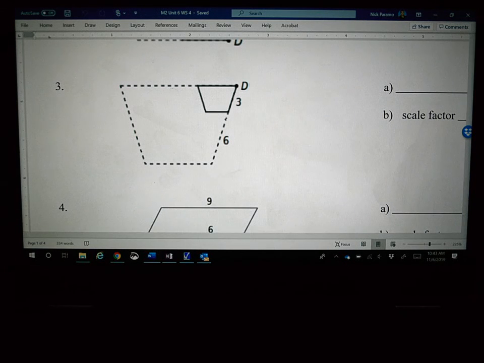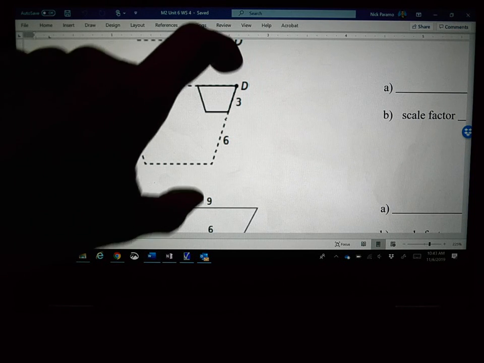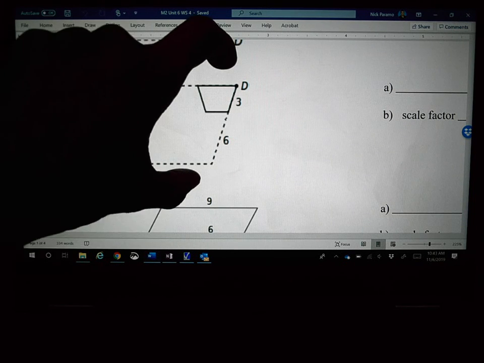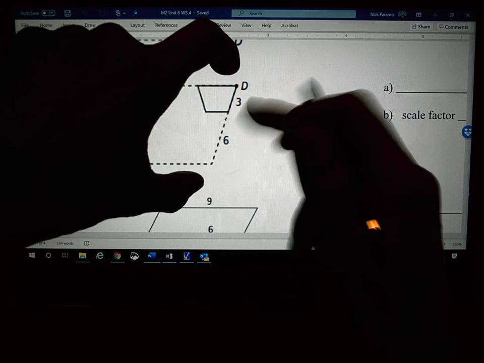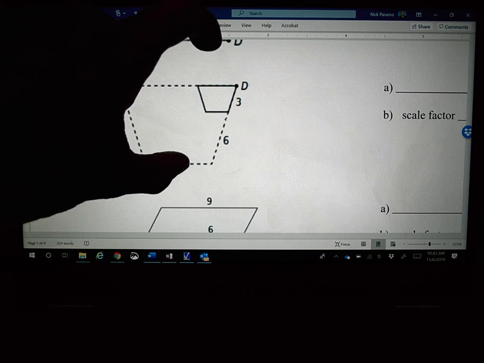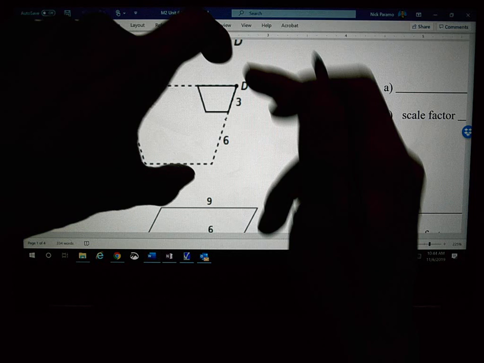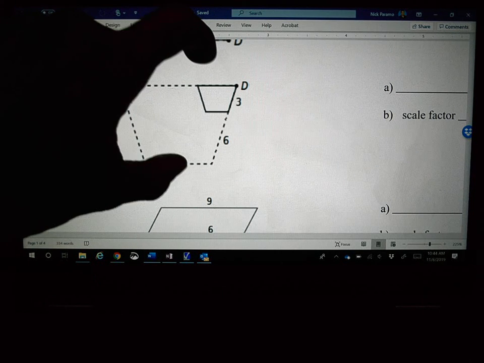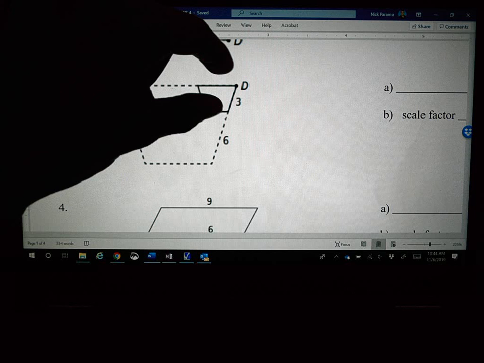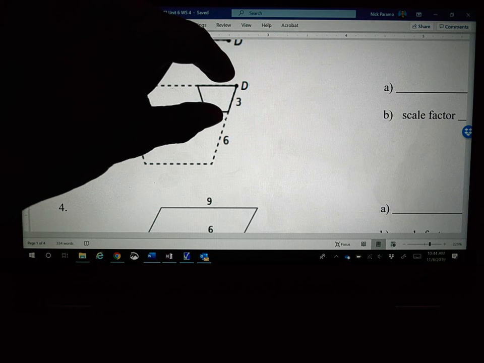If you're going to use the right-hand side of the image, what is the distance of the right-hand side of this image? How far is it? If you know it, say it out loud. I agree, the people who said 9, that is how long it is on the right-hand side. The pre-image, the solid line, the right-hand side is? I agree, it is 3.